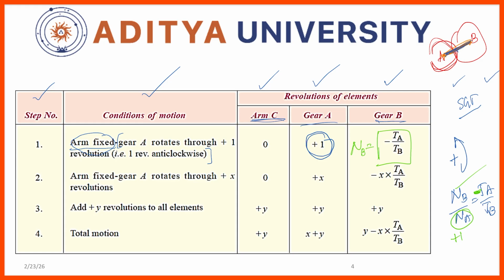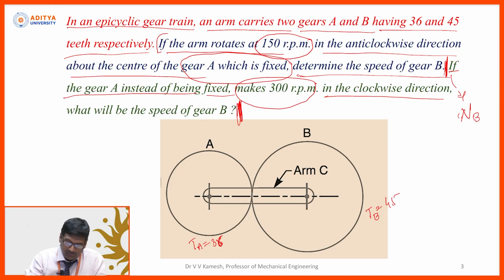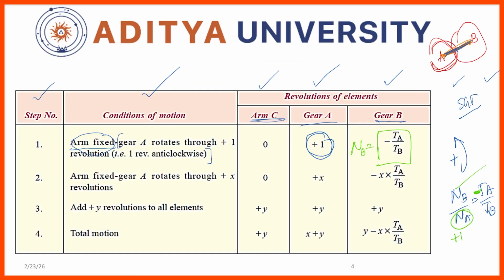Second step, in your problem you have been given that the arm is rotating at some speed or gear A rotates with some speed. So definitely we need to understand that either arm or gear A or gear B will not rotate at only +1 or -1. So definitely there will be some number of revolutions. So the second step is multiplying with number of revolutions. So arm fixed, gear A rotates through +x revolutions.